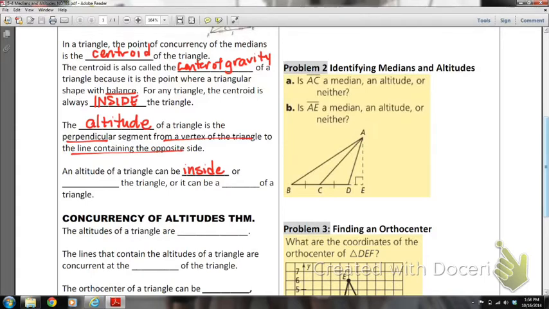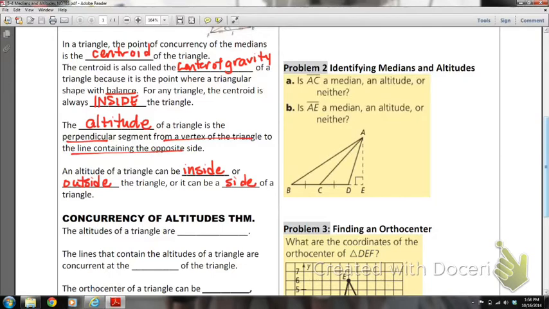It can be outside the triangle if it's an obtuse triangle, or it can be one of the sides of the triangle if it's a right triangle. So we'll look at some diagrams that'll help visualize this.